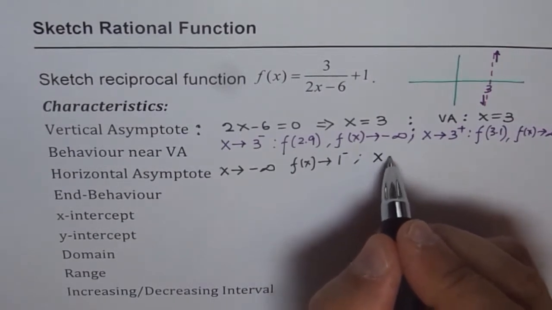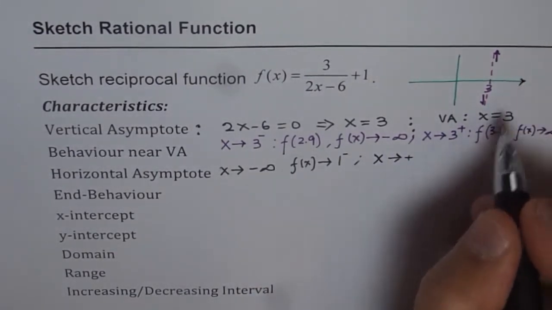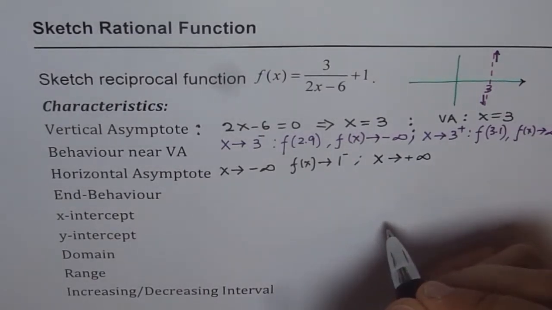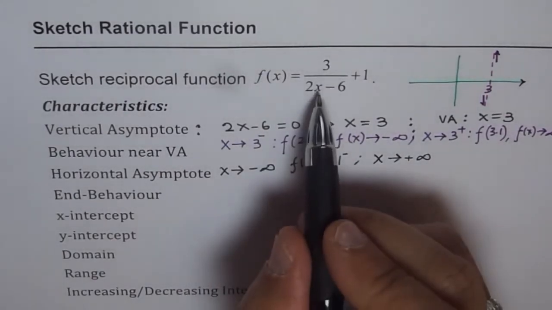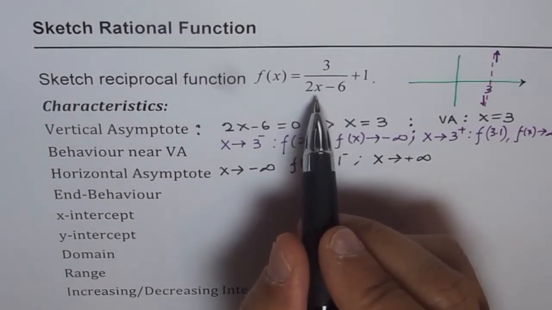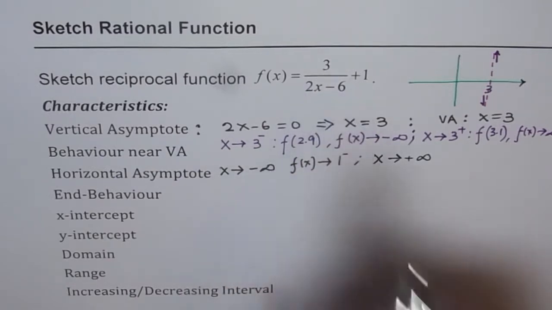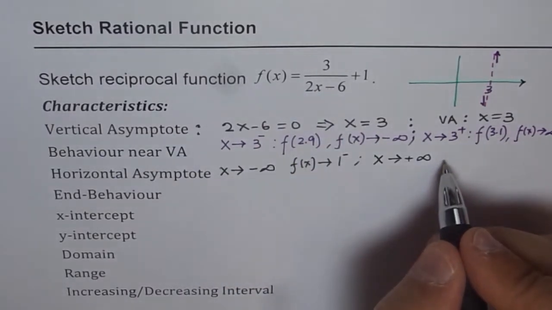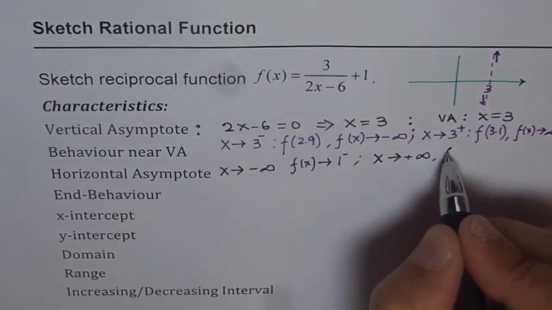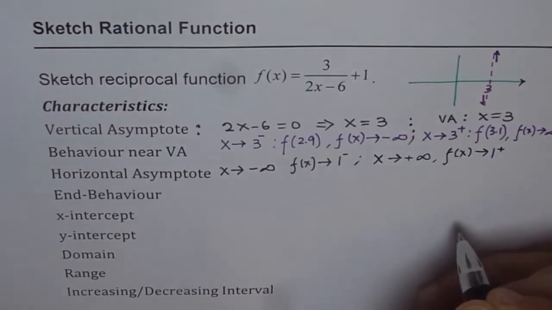How about when x approaches a large positive number, positive infinity? If x is a large number, then this first term will be approaching 0, but positive. So positive plus 1, they are approaching 1, but from the positive side. So f of x approaches 1 from the positive side.